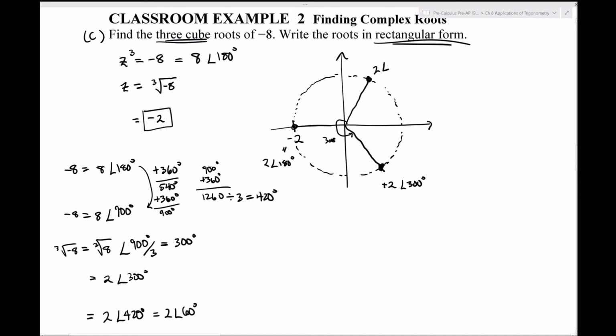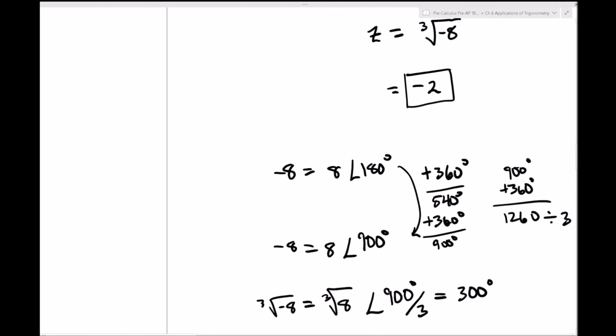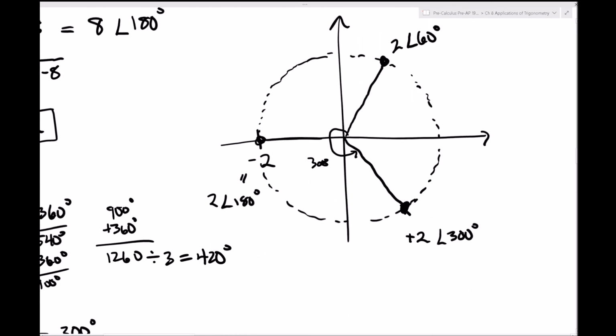So that's 2, 60 degrees. And we're doing this kind of slow because we want to make sure that we know exactly where all these numbers are coming from. So that's actually it. This is the geometrical representation of the cube roots of -8. Where's -8? If that's -2, -8's all the way over here. So let's say this is -8.